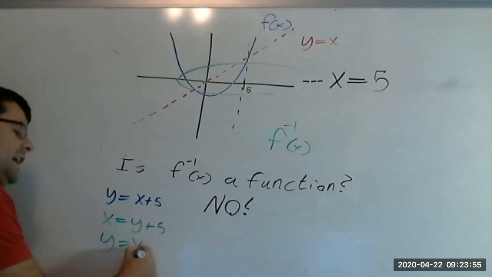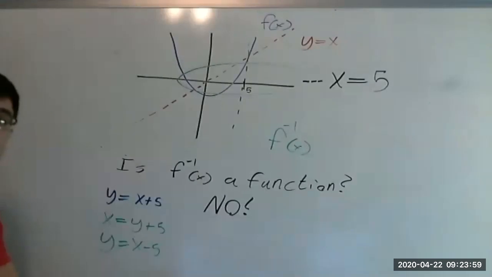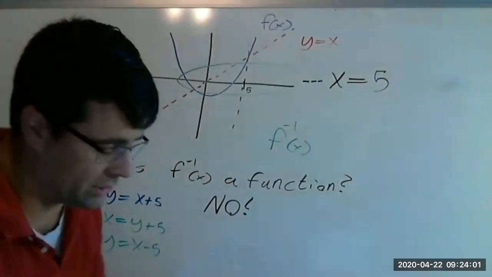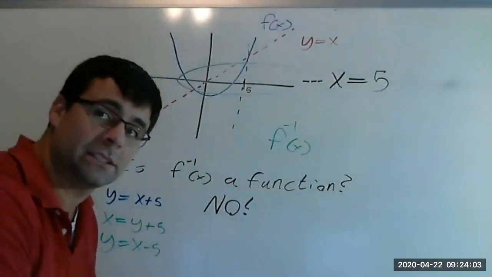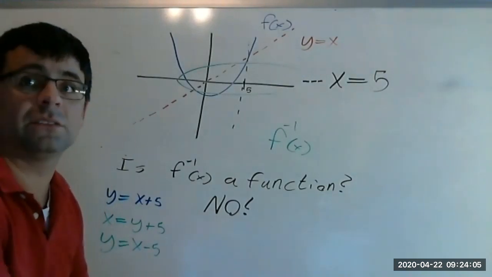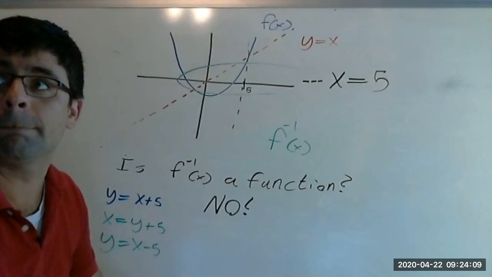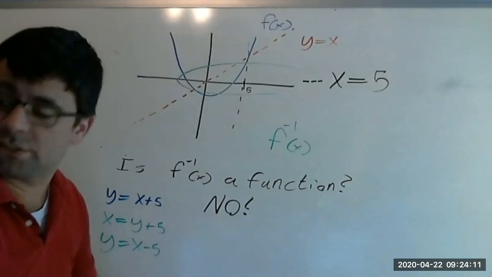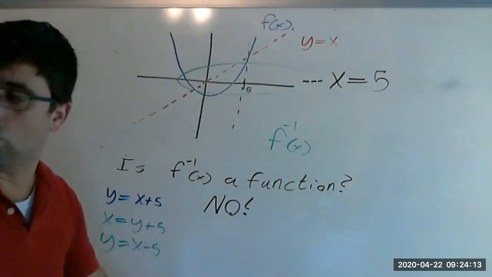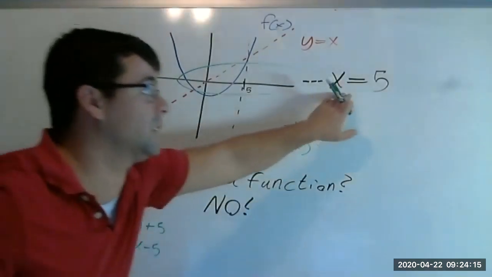Y equals x minus 5. So the first step is switch x's and y's. If you see an x, put a y. You see a y, put an x. So what is the inverse of this equation?